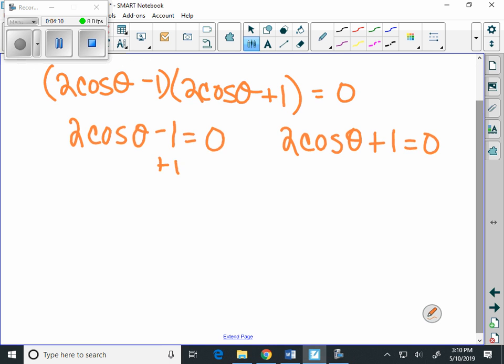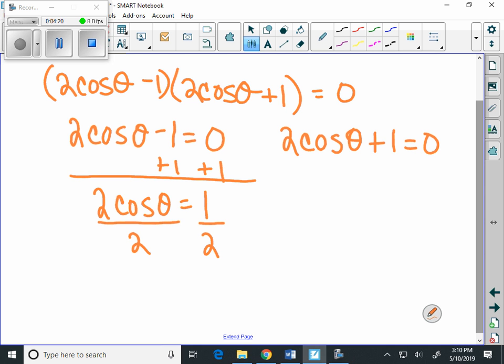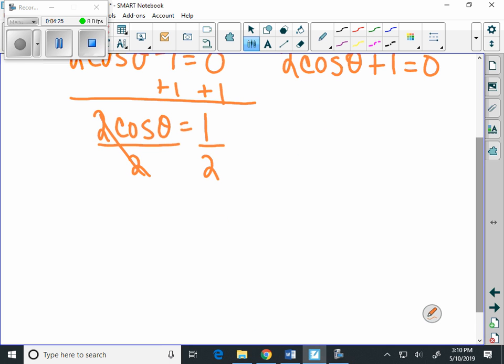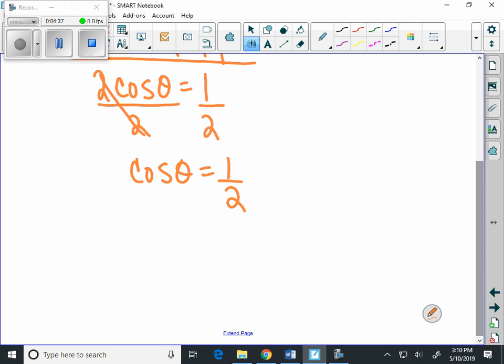We're going to add 1 to both sides, so we get 2 cosine of theta equals 1. Divide both sides by 2, and we end up with cosine of theta equals 1/2. Where does cosine of theta equal 1/2? We're in the first quadrant, which is pi over 3, and in the fourth quadrant, which is 5 pi over 3.